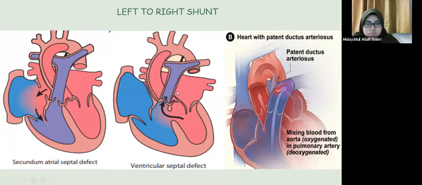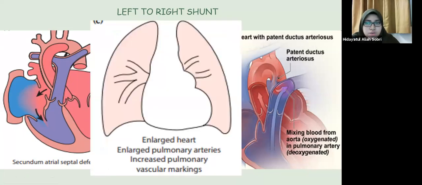So in the chest X-ray, we can see the features of heart failure, such as an enlarged heart. The enlarged heart occurs because when there is more blood in the pulmonary blood flow, there will be an increase in pulmonary resistance. So the right ventricle will become hypertrophied.